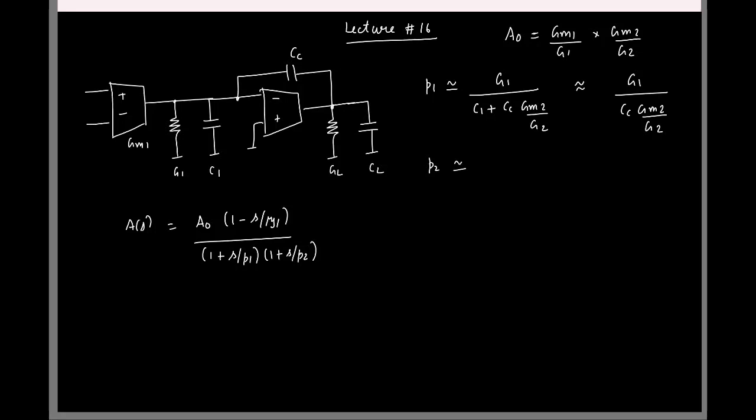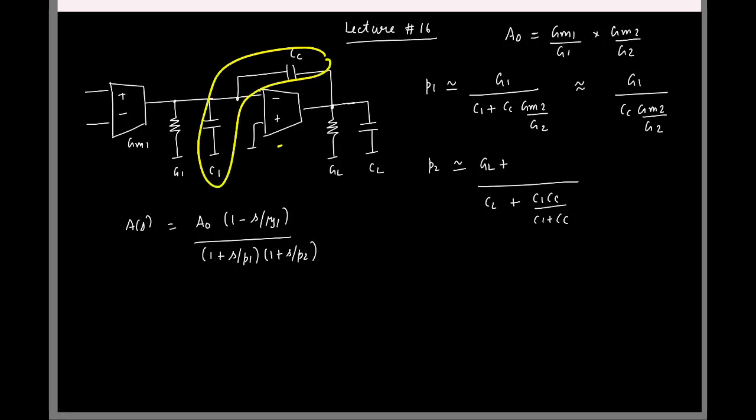What about the second pole? So first let's tell me the capacitance. CL plus C1 and CC in series, right? And conductance? GL plus, you have the capacitive division between these two times the GM of this, right?